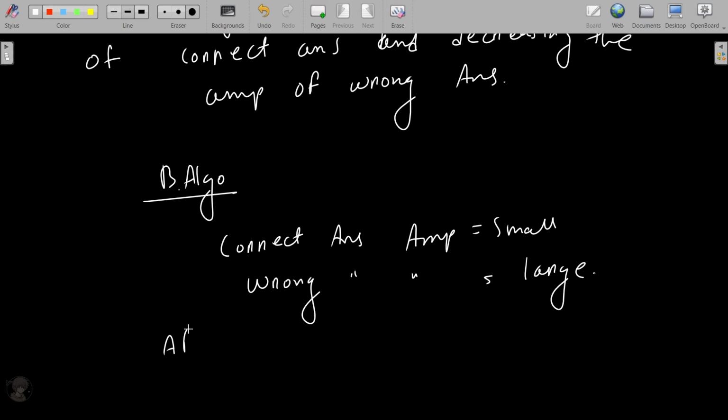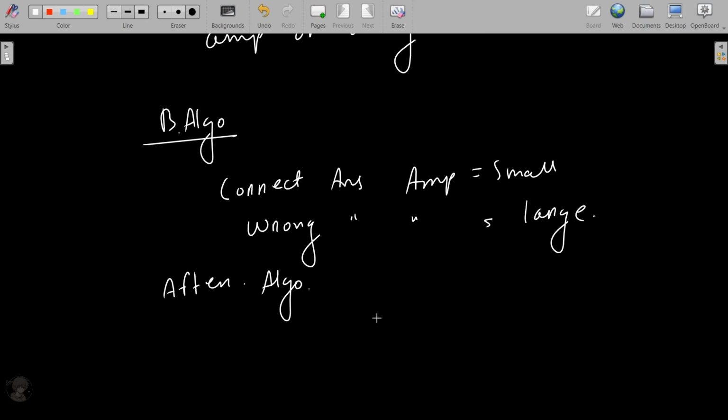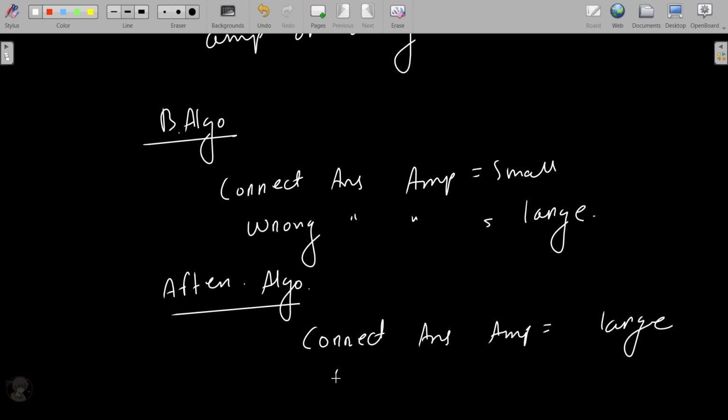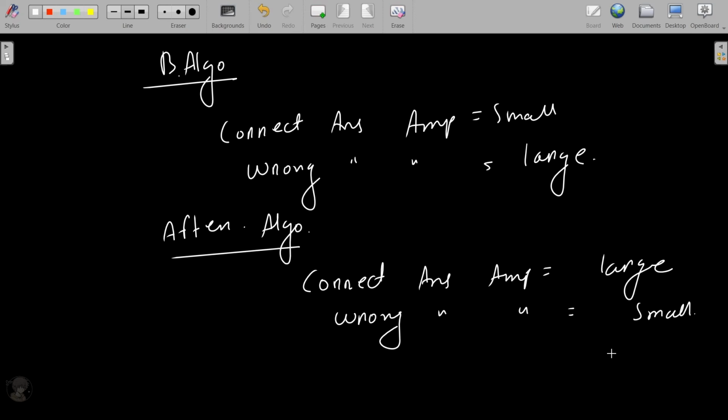But after the algorithm, the correct answer's amplitude is large and the wrong answer's amplitude is small. Then measurement reveals the correct answer with high probability. Okay, did you get it?